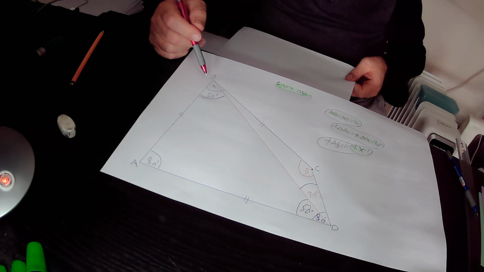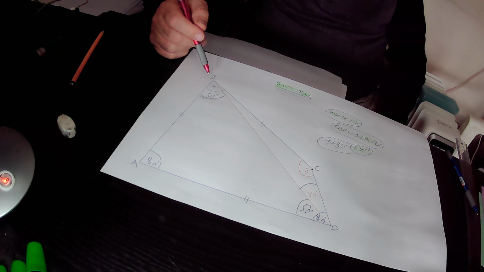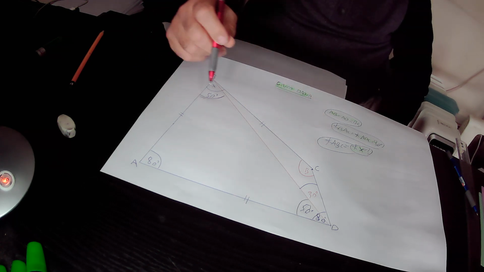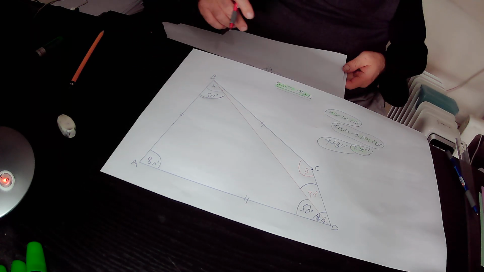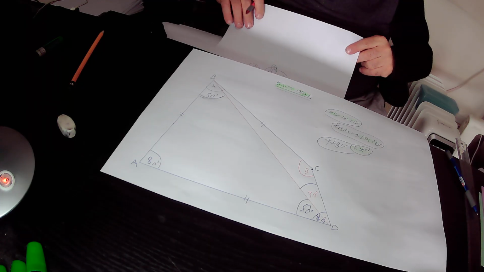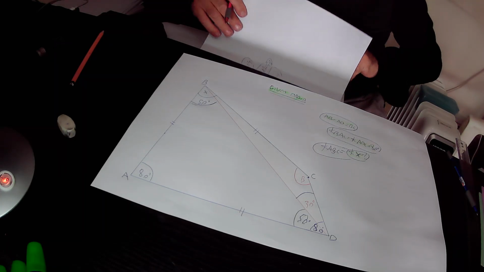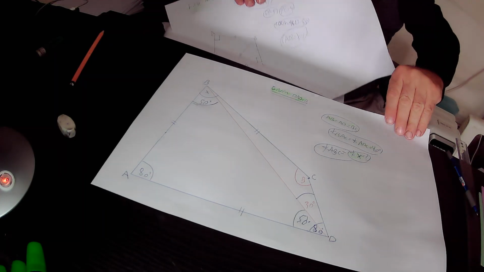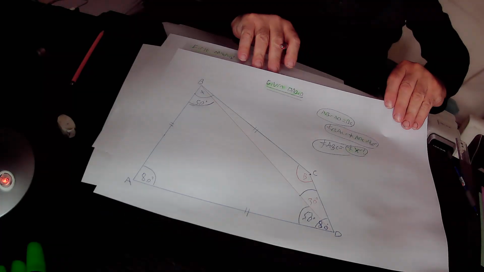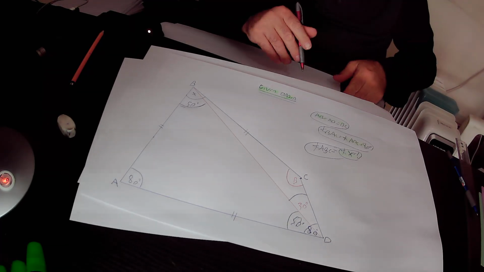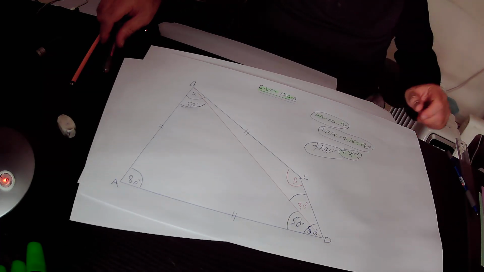So first of all, in this triangle ABD, according to the law of sines, the following equation is true.